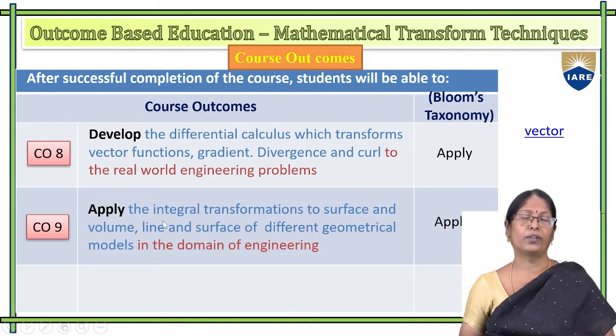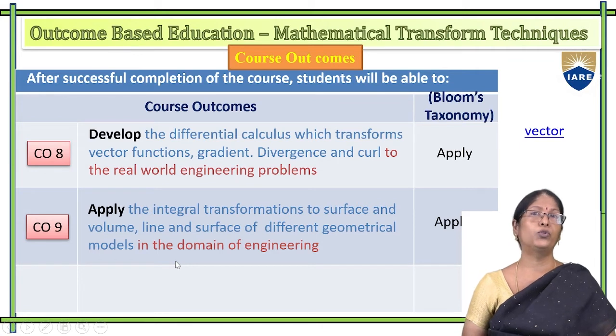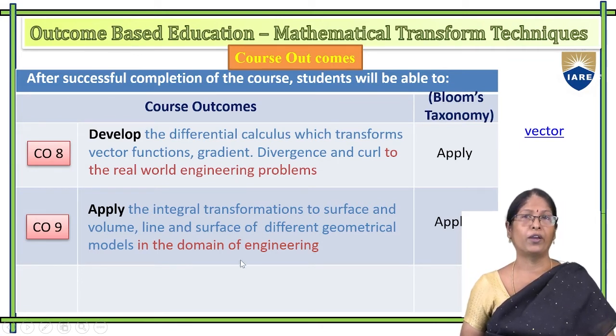Now, the next one is to apply the integral transformations to surface and volume, line and surface of different geometrical models in the domain of engineering. Suppose it is a tetrahedron, cube, cuboid, triangles, whatever the geometrical shape, how to find surface and how to find volume.